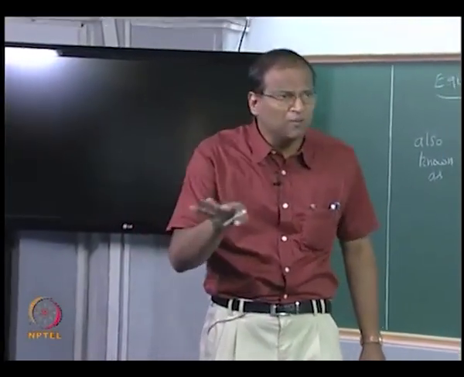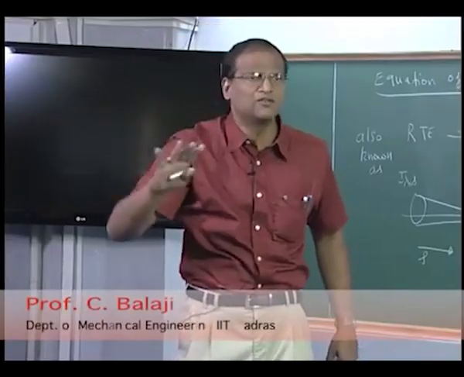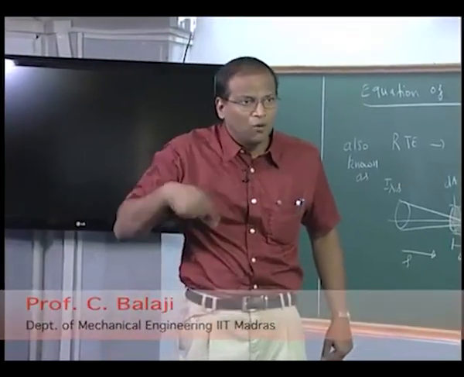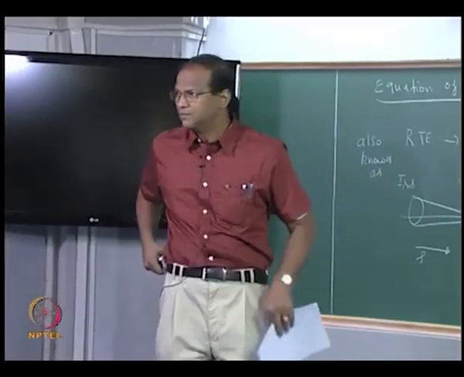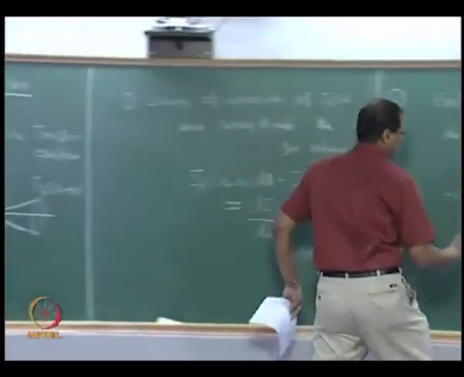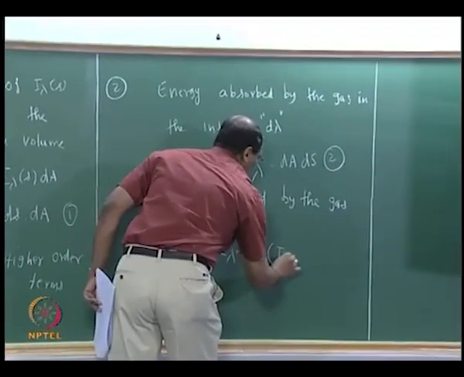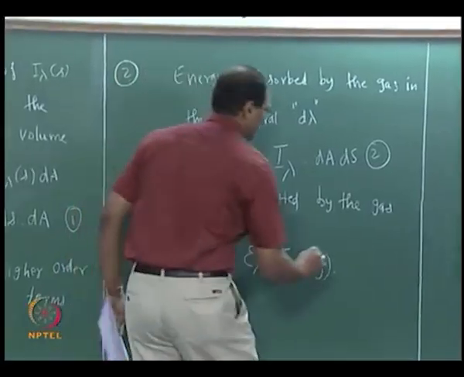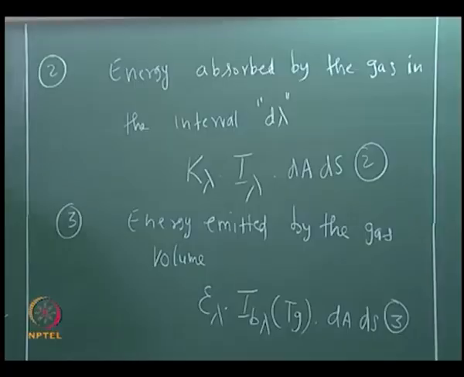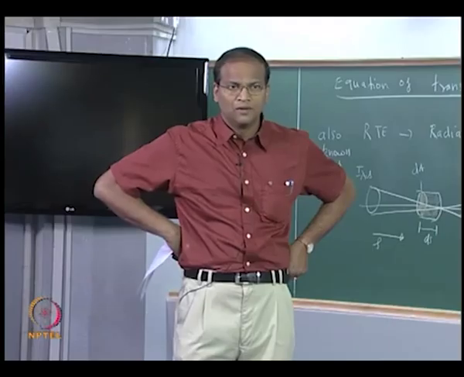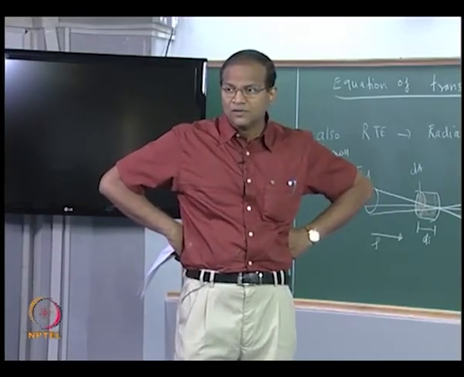The intensity I lambda coming into the gas volume need not be related to Tg, it can be from somewhere else, but what the gas emits will be completely dependent on its temperature. So epsilon lambda, into dA ds. Both are additive. One increases the I lambda, one decreases the I lambda. I lambda increases with epsilon lambda and decreases with kappa lambda.